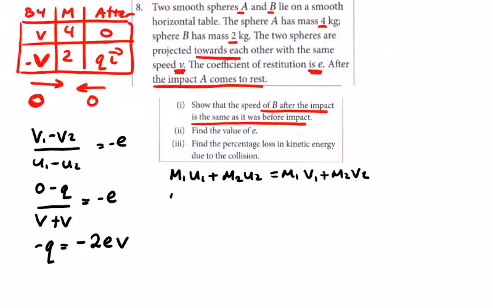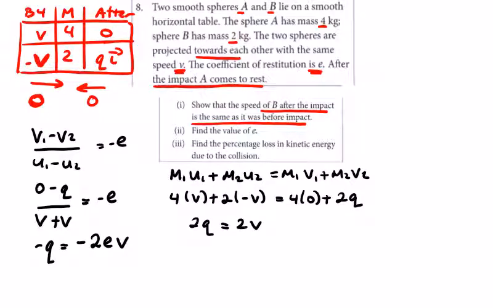We're going to get 4 times V plus 2 times minus V is equal to 4 times 0 plus 2 times Q. So we're going to get 2Q is equal to 4V minus 2V, 2V. Well, that means that Q is equal to V. So if I say over here Q is equal to V, I can say V is equal to 2EV. Dividing across by V, I get 1 is equal to 2E. So E is going to be 1 over 2.